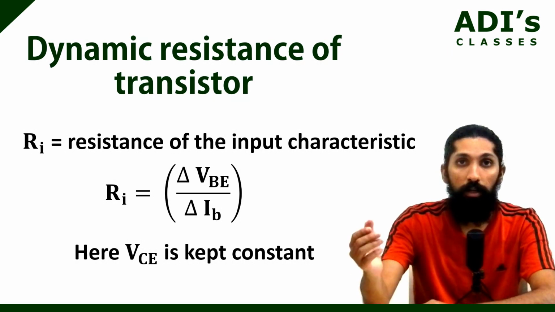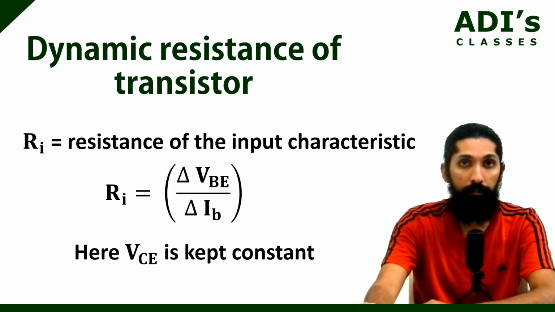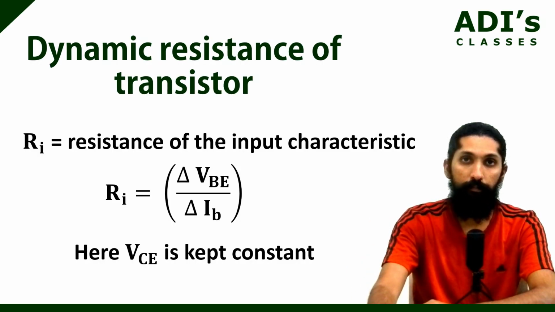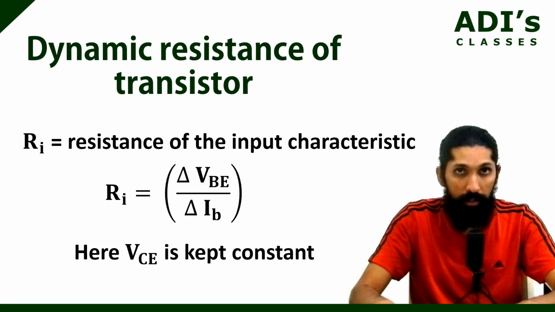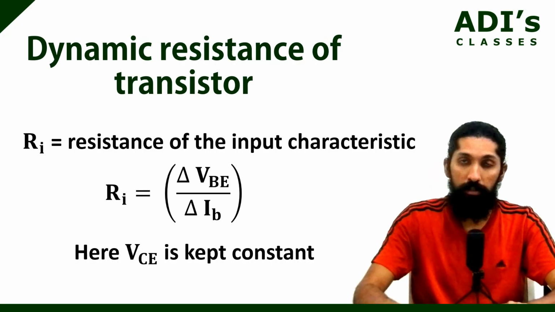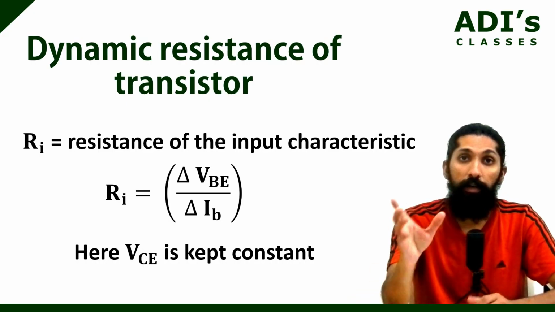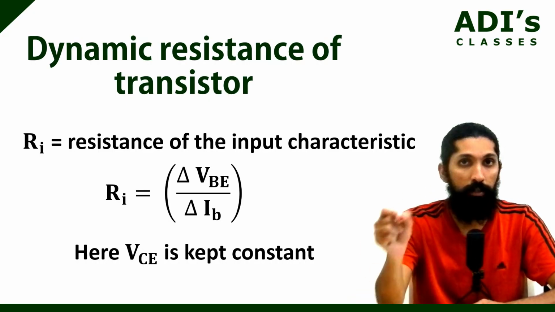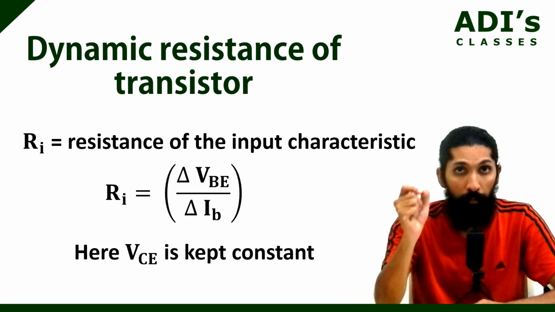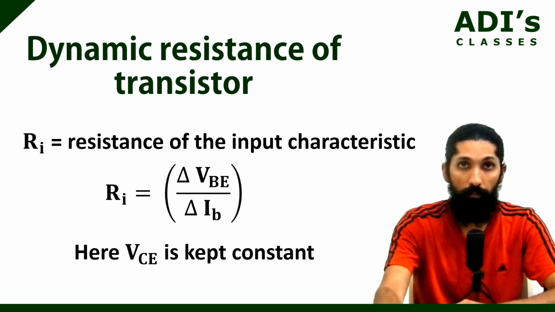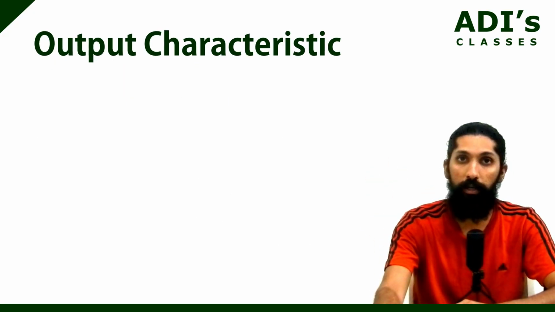Ri is equal to delta VBE divided by delta IB, where VCE is kept constant. Fair enough? This is basically the dynamic resistance, because obviously you can see from the graph it's not the same, and we calculate the slope for that reason itself. At that instant, what is the dynamic resistance? Now let's try to do the output characteristic.